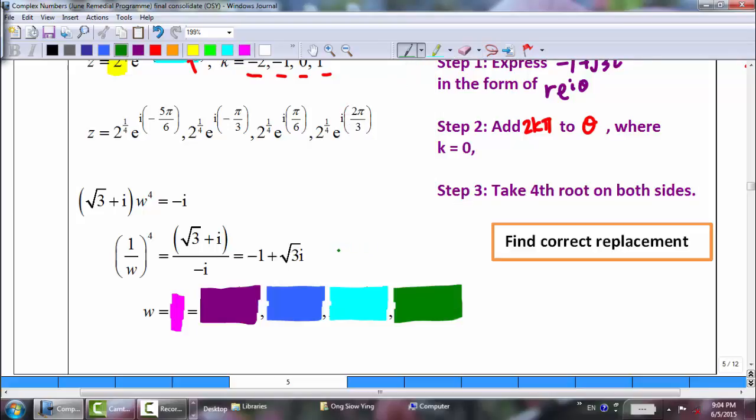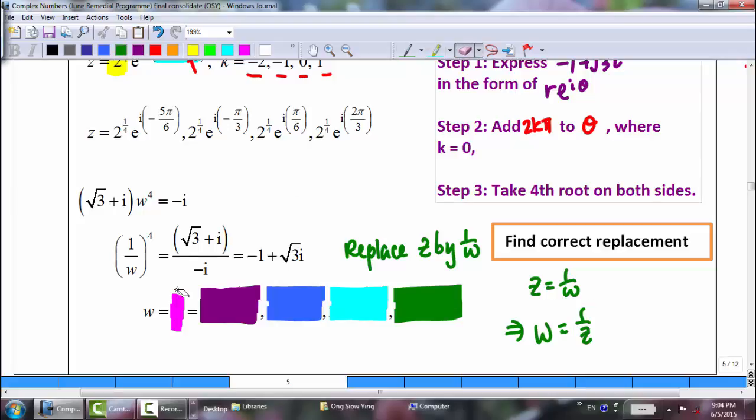You notice your Z is replaced by 1 over W. That means that if your Z is replaced by 1 over W, your W is 1 over Z, so you end up with this.